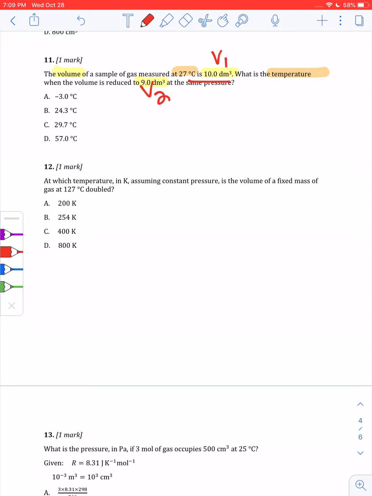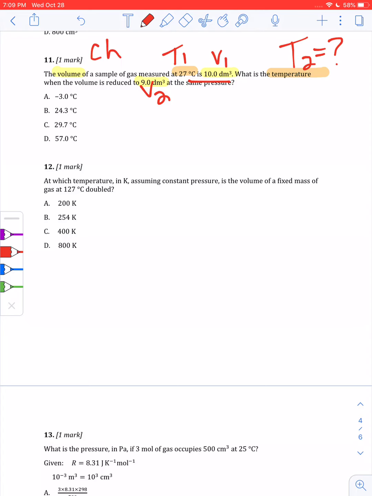This is V1. This is going to be V2, because it's the volume after the change happens. This one will be my T1, and then my T2 is what I'm solving for. If I read through that question, I should be able to identify all of those things.